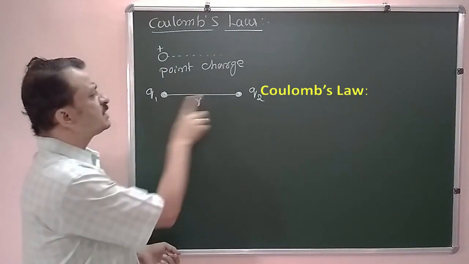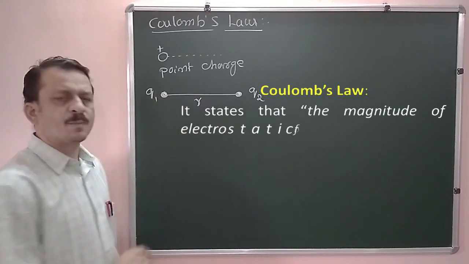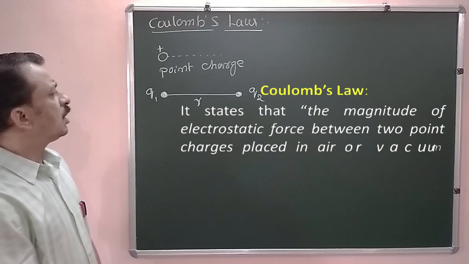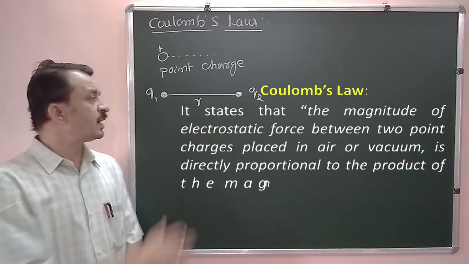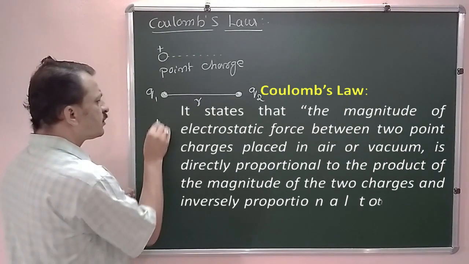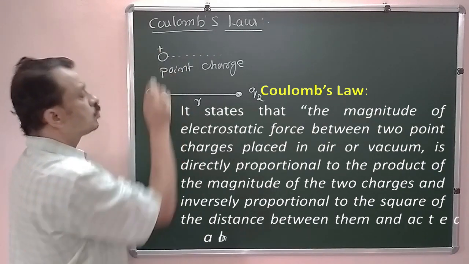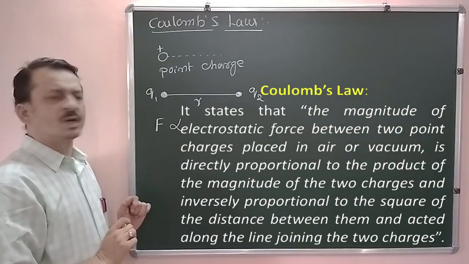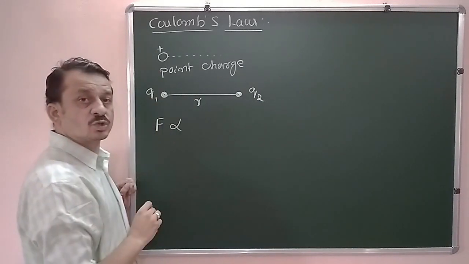Now consider 2 point charges Q1 and Q2. They are separated by a distance r as shown in the diagram. Obviously there is an electrostatic force of attraction or repulsion depending on the kinds of charges. According to Coulomb's law, the first point is that the magnitude of the force is directly proportional to the product of the magnitude of the 2 charges.